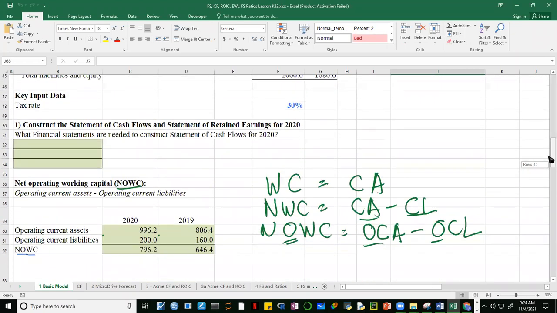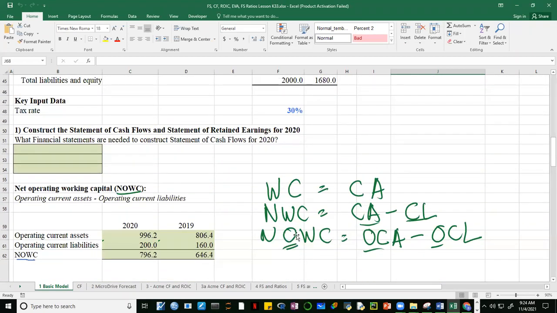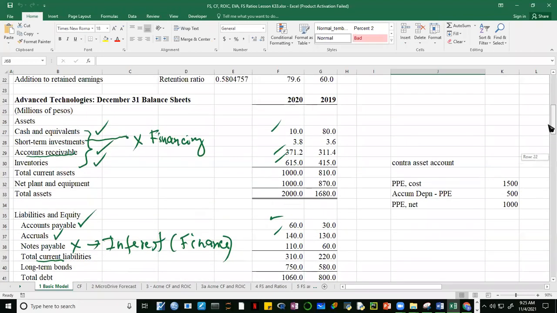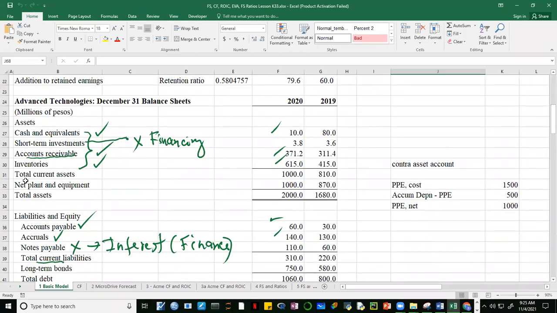Very quickly, guys, we said that net operating working capital is simply operating current assets minus operating current liabilities. We looked at the balance sheet and we have here four types of current assets: cash, short-term investments, receivables, and inventories. There are no prepayments.